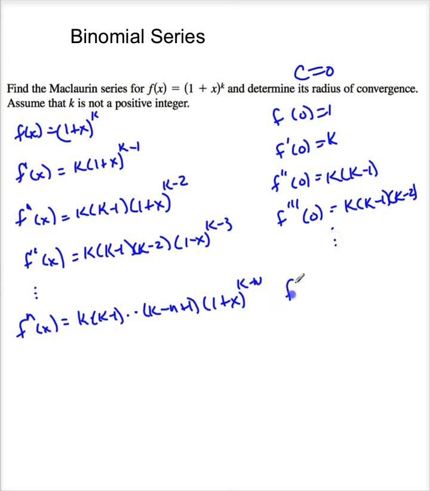So my nth derivative, evaluated at c equals 0, is k times k minus 1 all the way to k minus n plus 1. So what does my series look like?